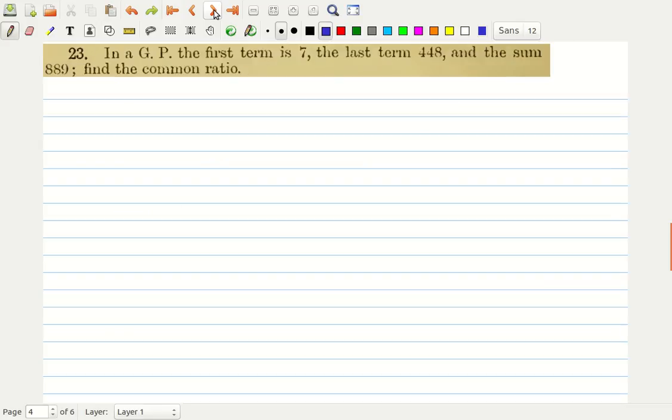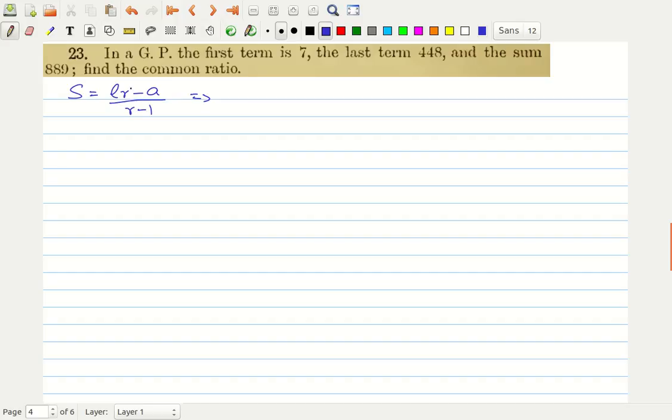In a GP, the first term is 7, the last term is 448, and the sum is 889. Find the common ratio. So this is again a similar problem like 22. So we will use this formula. S is equal to last term times R minus A divided by R minus 1.